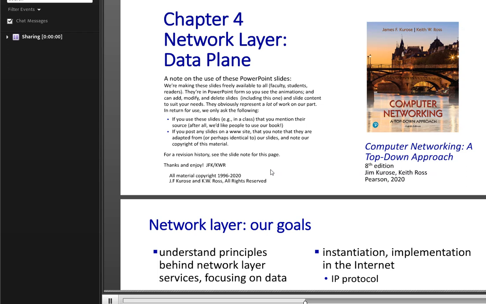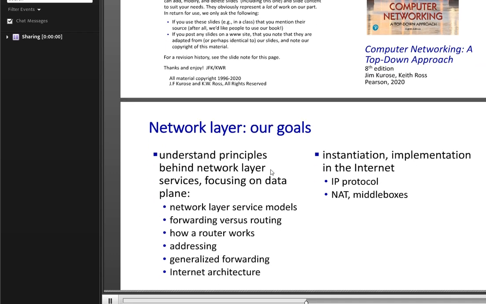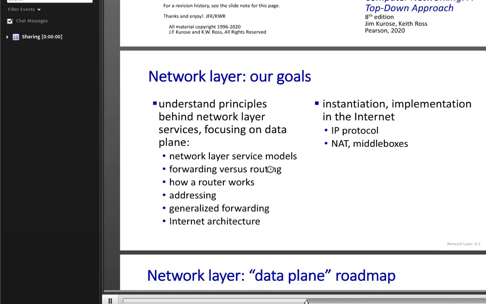Chapter 4. I decided to talk about chapter 4. This chapter is about the network layer. Okay? But why? Let me look at the goals in this chapter. In this chapter, we talk about some basic principles behind the network layer, its services and its main protocols.